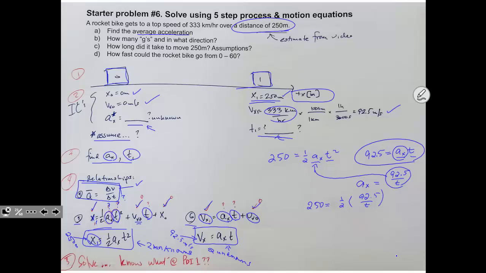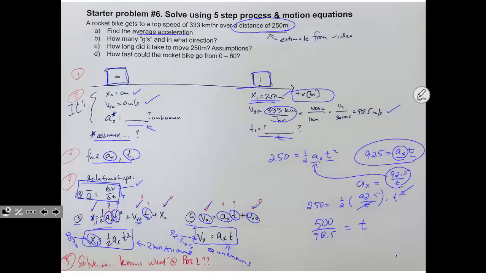But then they ask us, what else? How long did it take to move? And then the acceleration. Well, the acceleration, we can go back to, now let me switch colors here. We can go back to this equation and plug in our time right there. So we have AX equals 92.5. And remember, that 92.5 is actually meters per second if you want to see the units here.